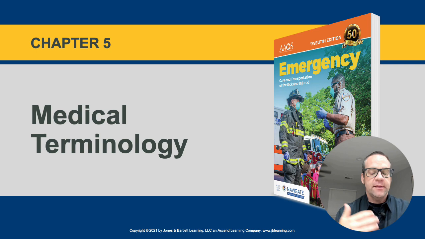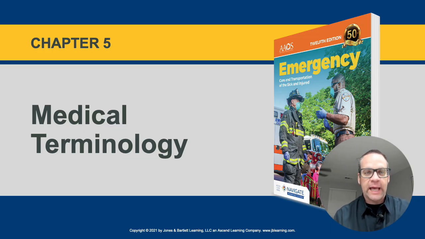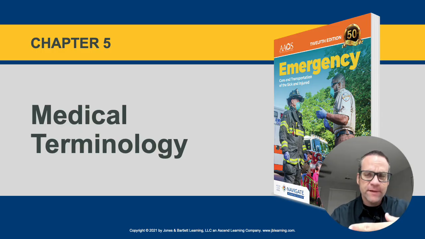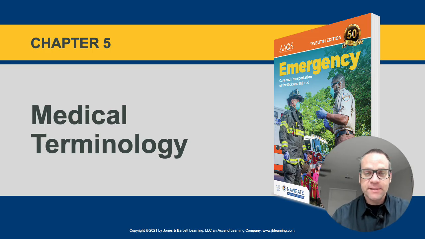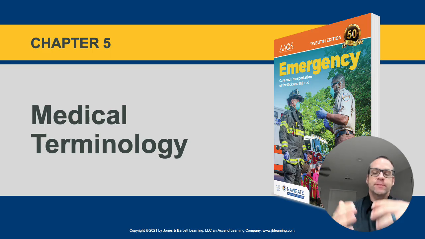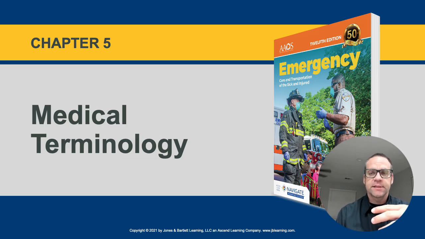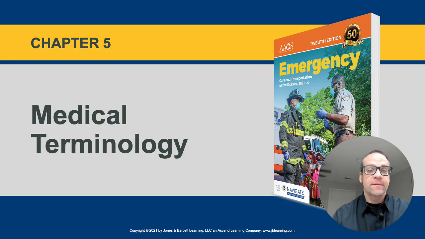In this presentation, we're really going to explore the structure of medical terms, how they're formed, how they break down, and how they are used in documentation and verbal reports. You're also going to learn how prefixes, roots, and suffixes work together to convey meaning, and how symbols and abbreviations, through shorthand, must be used correctly to avoid confusion.